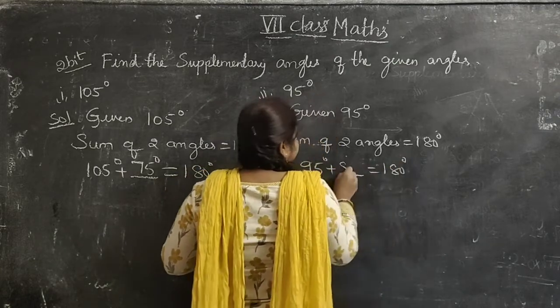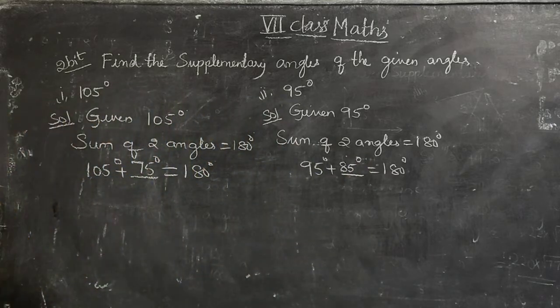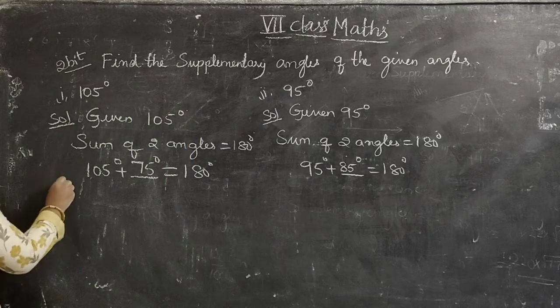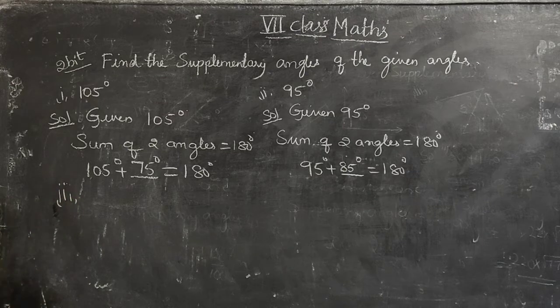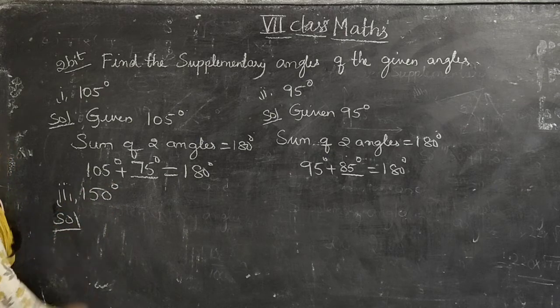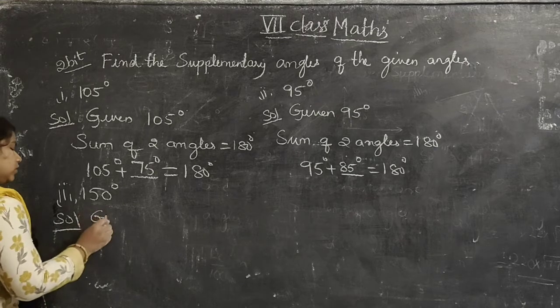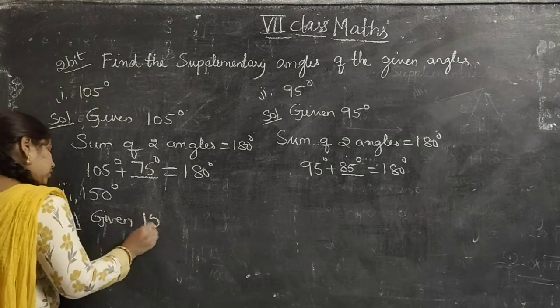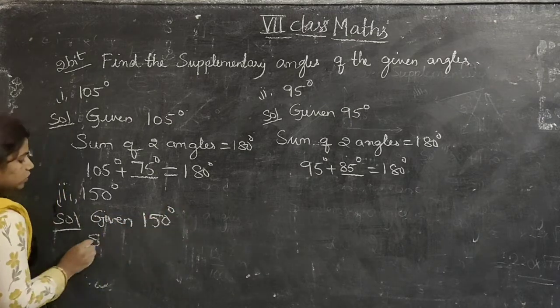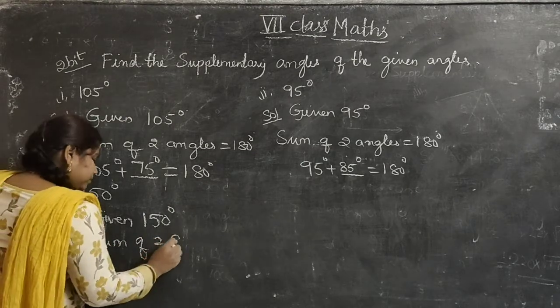That is 85. So 95 plus 85 is equal to 180. Third one, 150 degrees. For this 150, we have to find how much to add to make it supplementary. Given 150 degrees, we already know that the sum of two angles should be equal to 180.